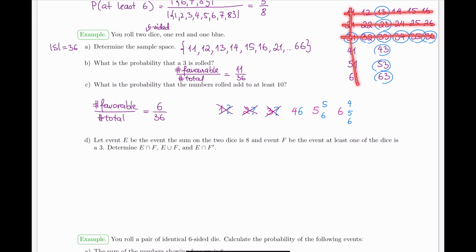And I can similarly cross out the first 3 columns, because that's not going to work either. Then what is left is this corner here. This is going to be 4, 4, so that's 8, that's not going to work. This is going to be 4, 5, that's 9, it's not going to work. And symmetrically, this is going to be 5, 4, it's not going to work. So the only positions in the table that are actually going to produce something that I am interested in are located right here.